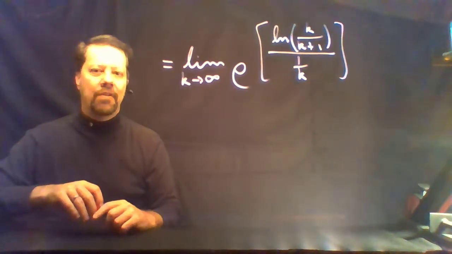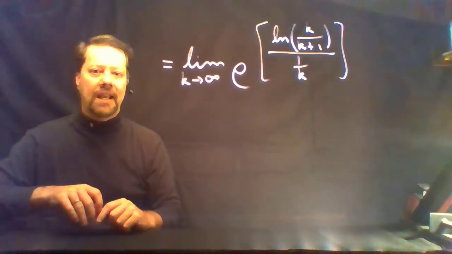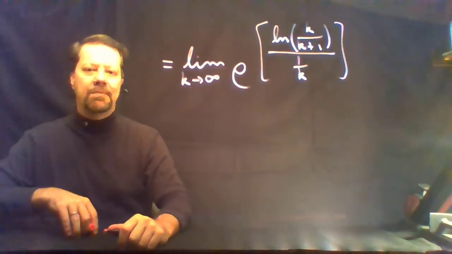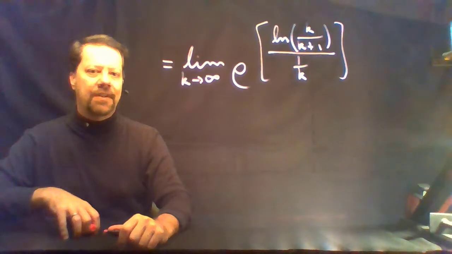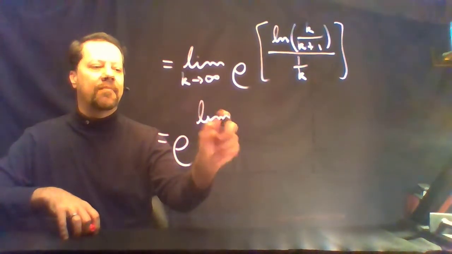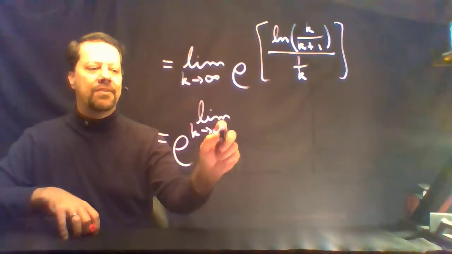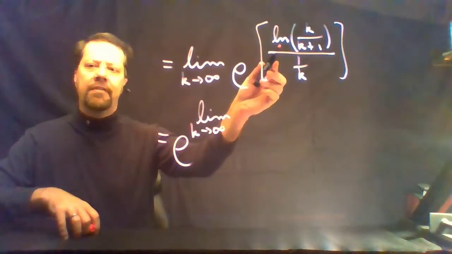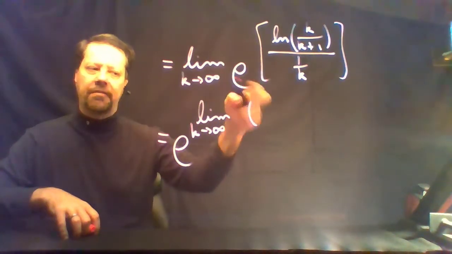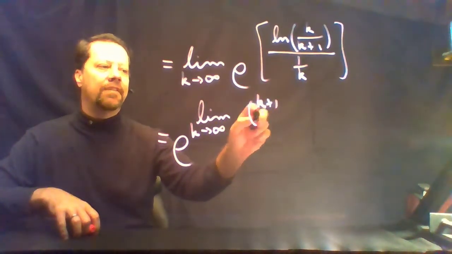We now have a 0 over 0 case, a L'Hopital's rule case. The limit may, of course, be put into the exponent because limits pass through continuous functions. So we can write this as e to the power of the limit as k goes to infinity. The derivative of log is 1 over. When you take the reciprocal of a fraction, it flips the fraction over.